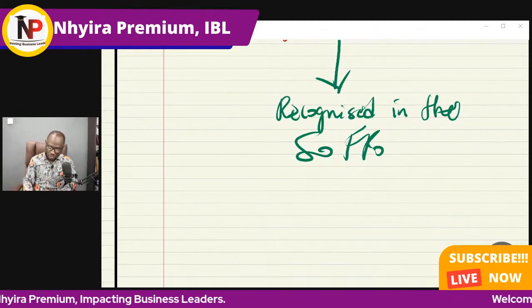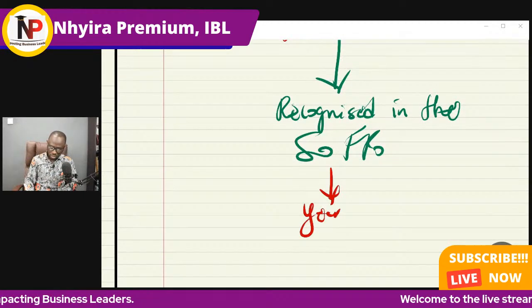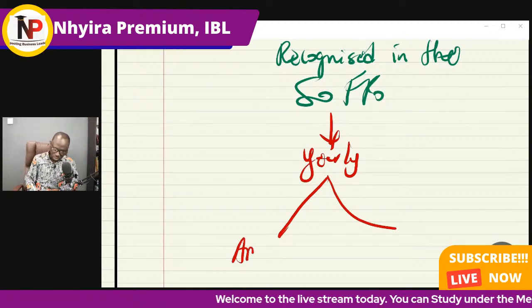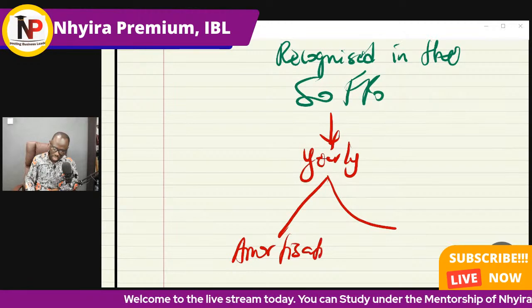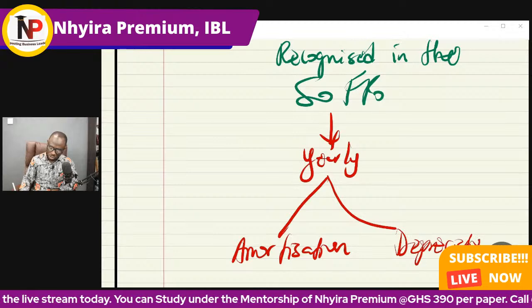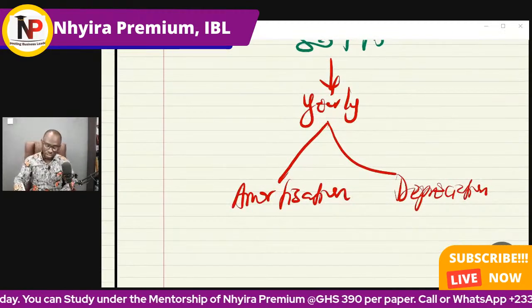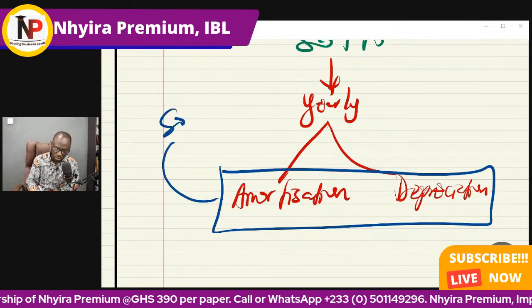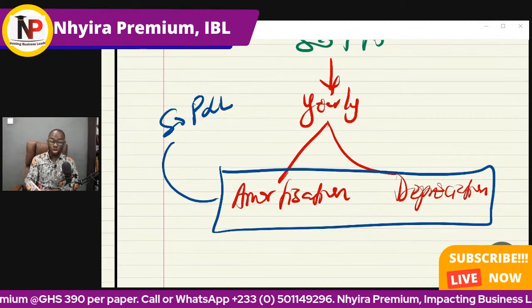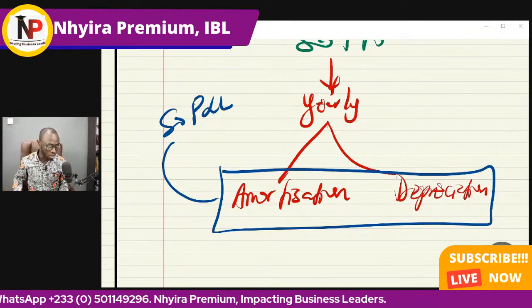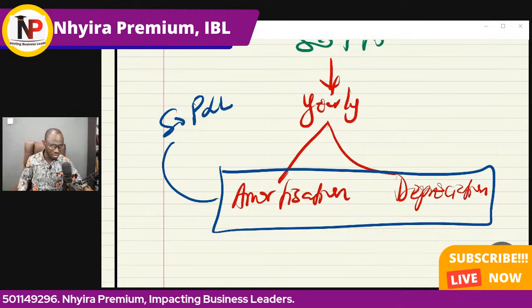Then every year, we are going to be charging two things. That is amortization if it is an intangible asset, or depreciation if it's a tangible asset in that case. Now, this amortization and depreciation is going to be going into the statement of profit or loss, or the income statement, or what we call the statement of profit or loss and other comprehensive income.